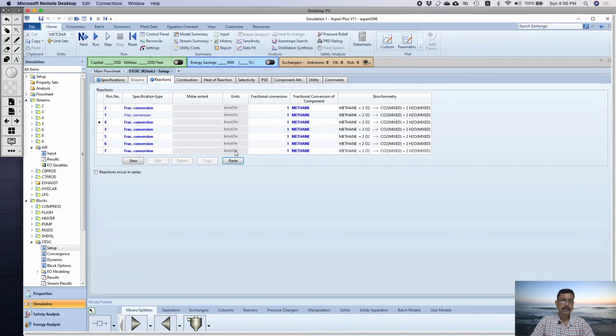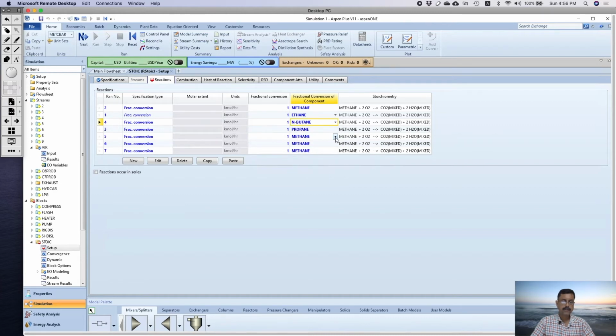Okay, so this is our reaction 1. Reaction 2, it is not methane, it is ethane, right? Let us say ethane. Reaction 3 will be propane. Reaction 4 will be butane.